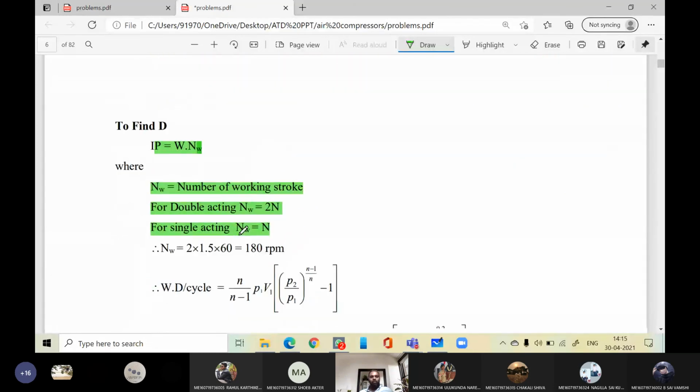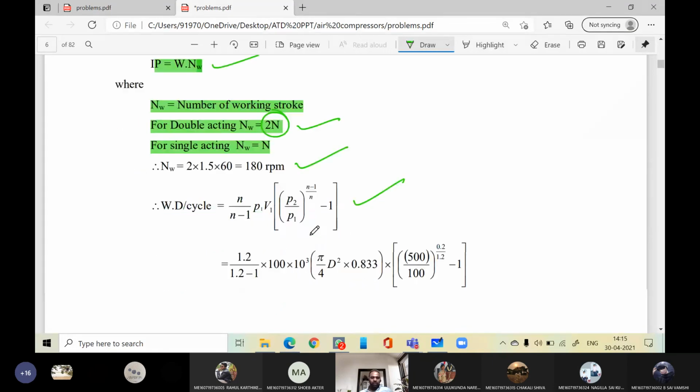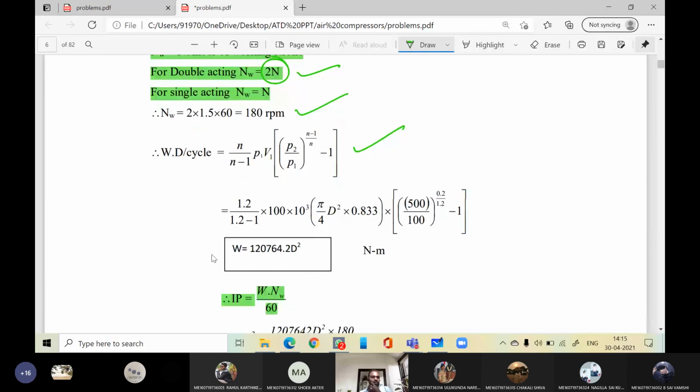Next we require the bore. We know that indicated power is equal to indicated work into number of working strokes, and number of working strokes are 2N for double acting. I discussed already. So NW is 2 into this value, that is 180 RPM, and the work done per cycle formula is known to you. Indicated power is equal to indicated work done into NW, where NW is 2N divided by 60.